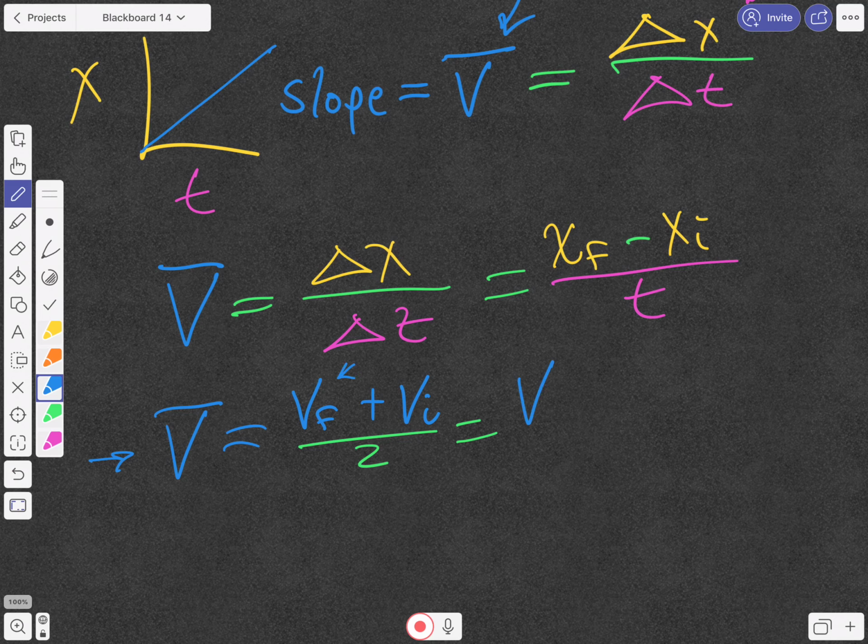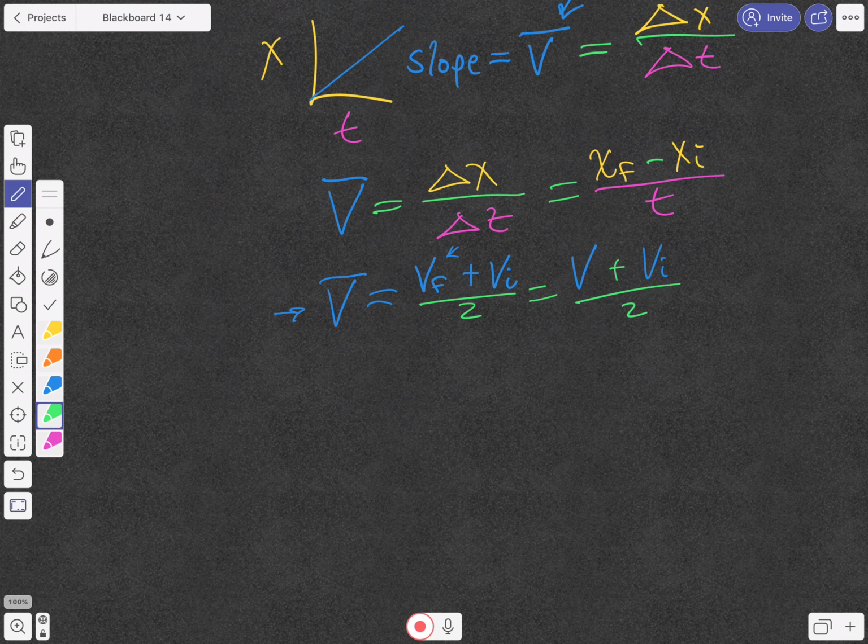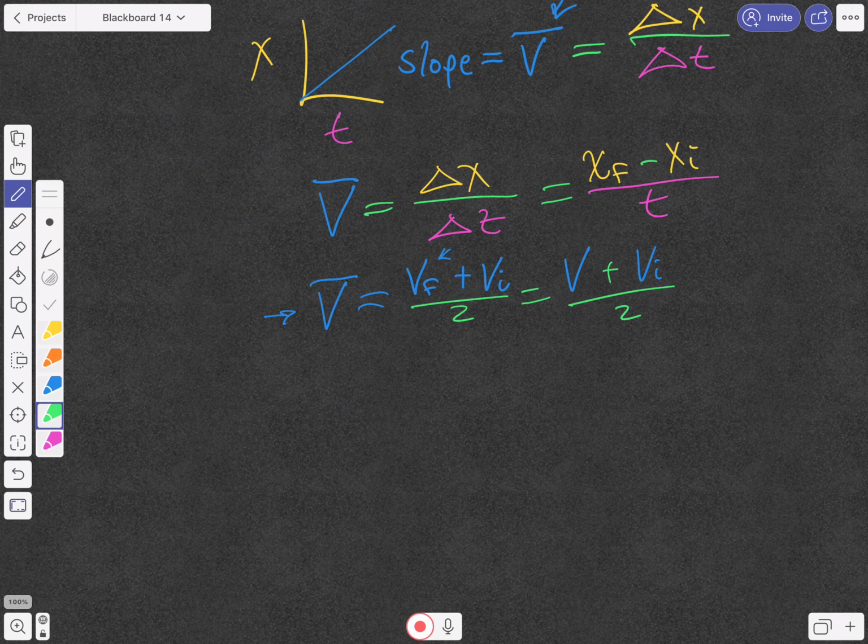That's our v for wherever we're at now. And our v initial will stay the same, and we'll divide by 2. So now v plus v initial divided by 2 is going to be equal to our average velocity.